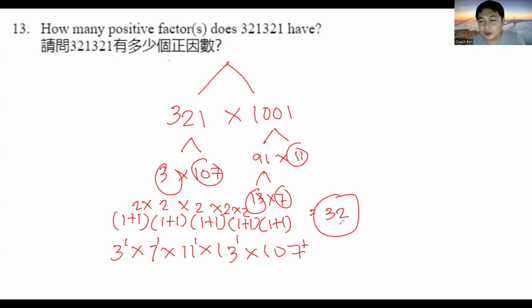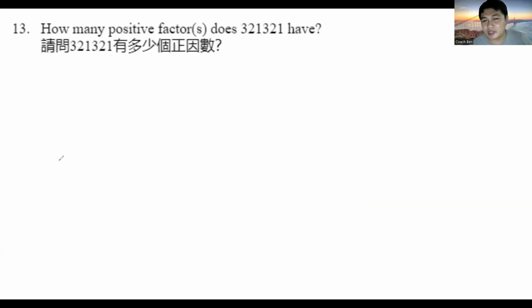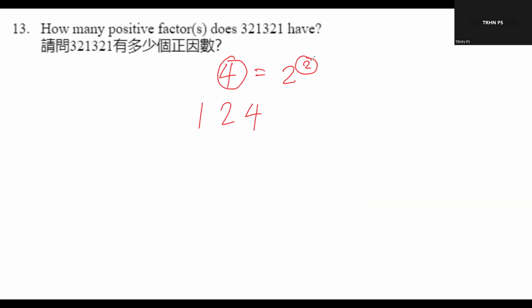Okay, so this is just the formula on how to get the positive factors of a number. We get their exponents. For example, how many factors does 4 have? Diba, the factors of 4 are 1, 2, and 4. When you do 4, this is just 2 squared in prime factors. You get the exponent, 2 plus 1, that's 3.